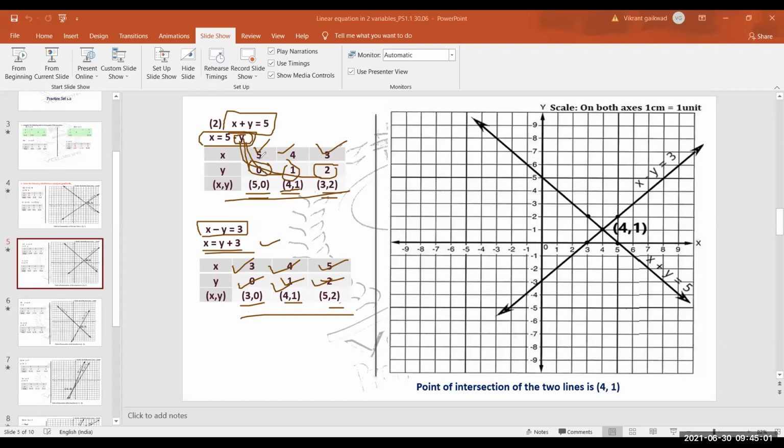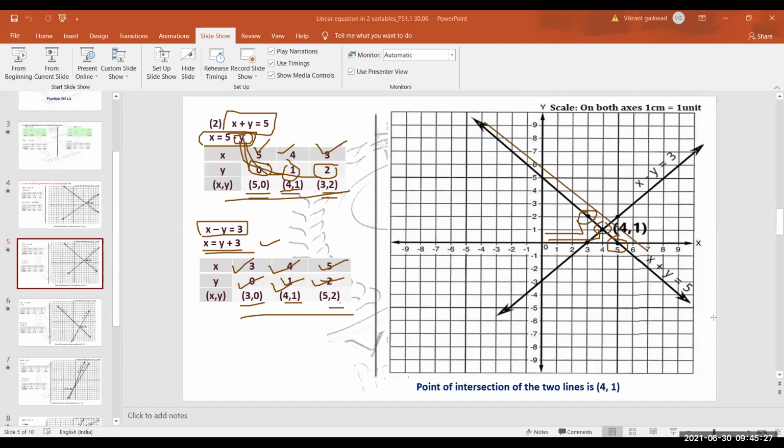Now we'll plot these points on the graph paper. 5, 0 will lie on the x-axis. Next is 4, 1. So 4 places towards positive x, 1 place up. Next is 3, 2: 3 places positive x, 2 places positive y. After plotting these 3 points, we'll simply join them with a straight line.